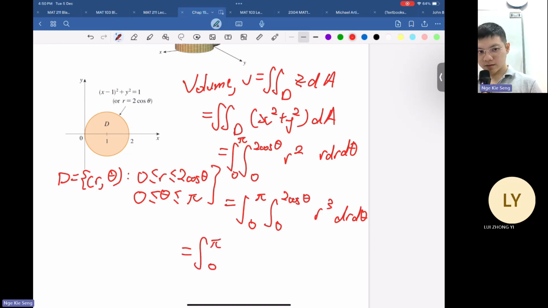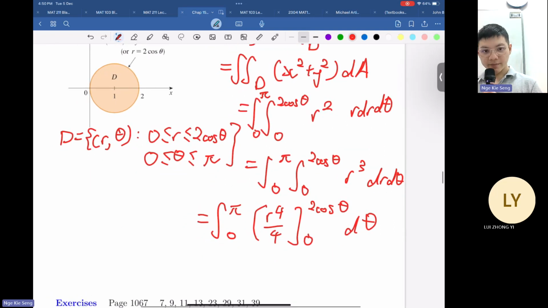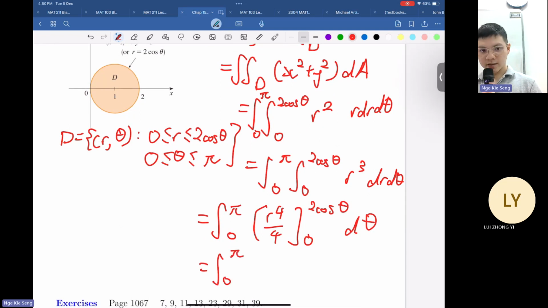I get r to the power 4 over 4 from 0 to 2 cos theta d theta. And from here we get 16 cos to the power 4 theta over 4 d theta.